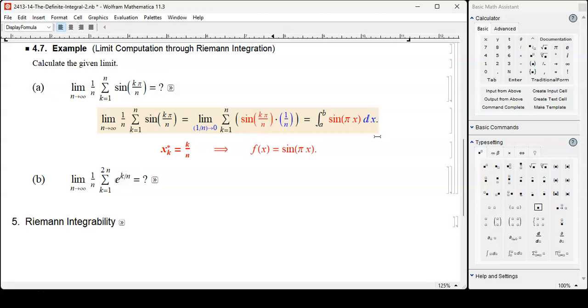How to get a and b? Well, those are starting and ending points of x. And please note that k begins from 1 and ends at n. Do you see that?